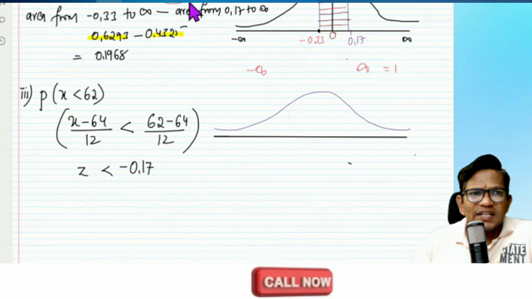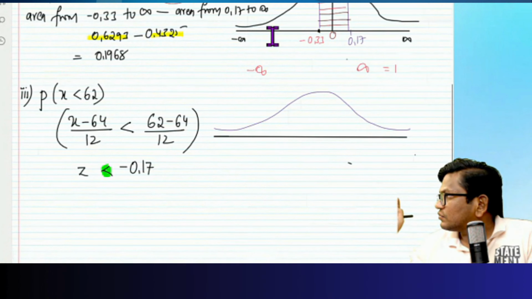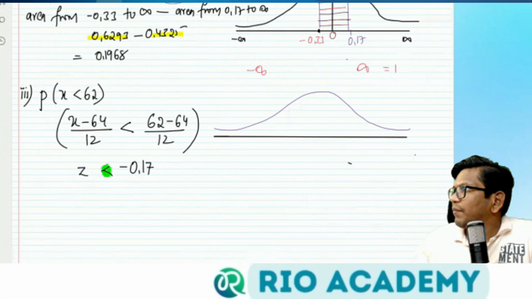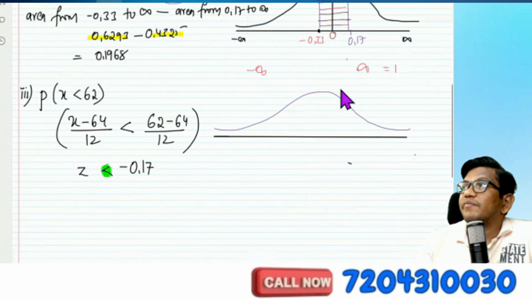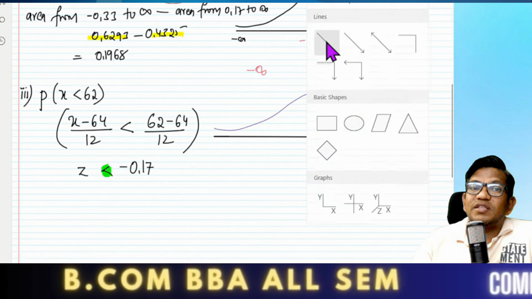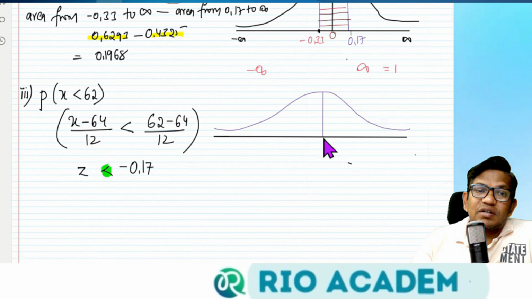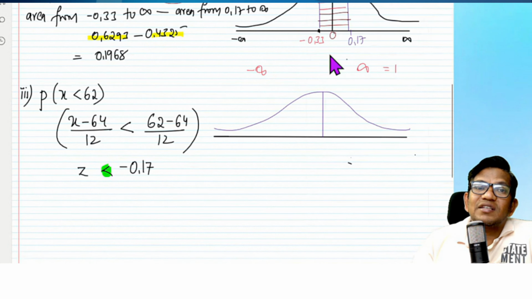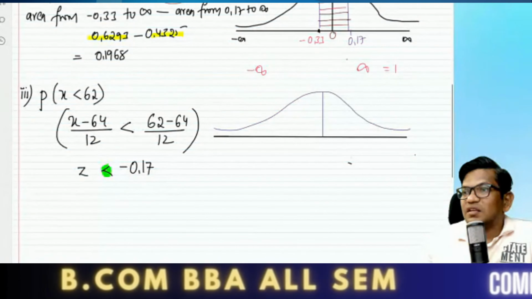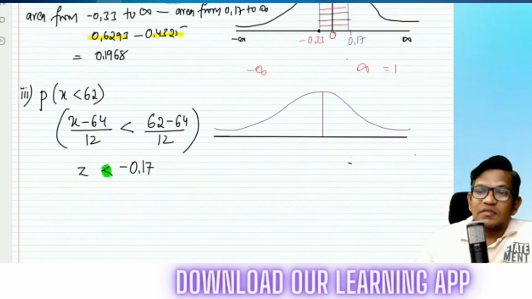Bachcho, what is that? Which side sign is this? Which side? Negative side, right? Do it now. Minus 0.167.